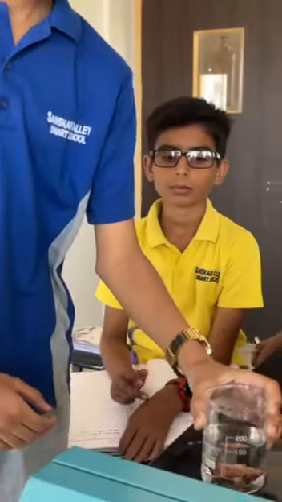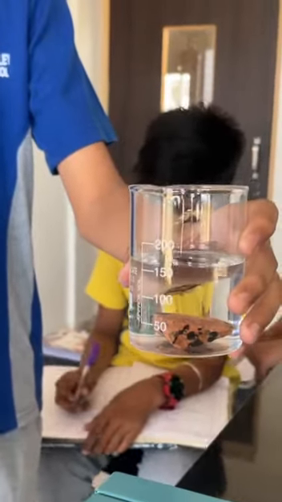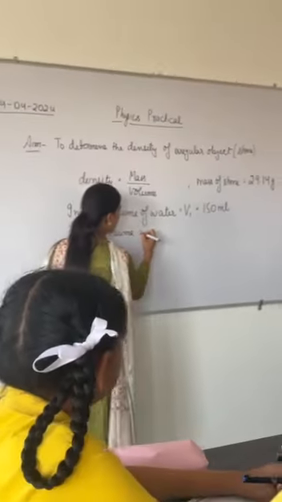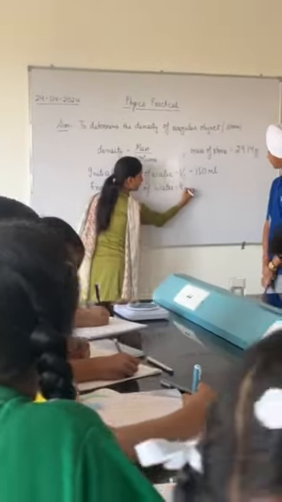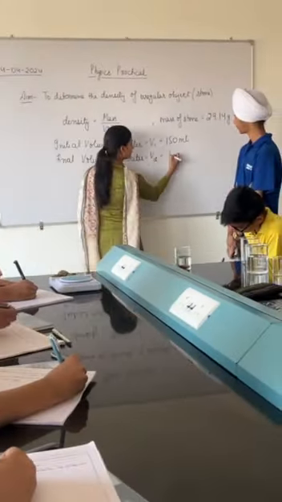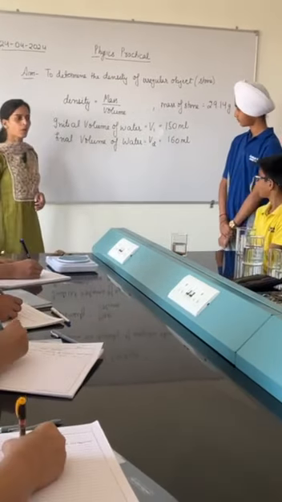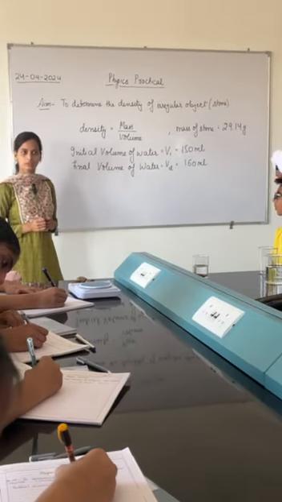What is the final volume, Akash? 160 ml. Final volume of water is represented by V2 and that is 160 ml.